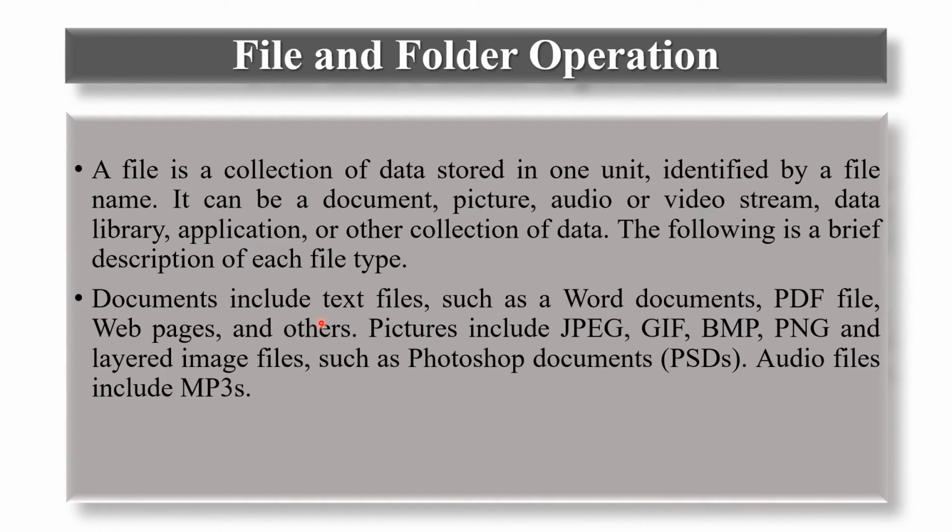Documents include text files such as a Word document, PDF file, web page, and others. Pictures include JPG, GIF, BMP, PNG, and layered image files such as a Photoshop document. An audio file includes MP3.